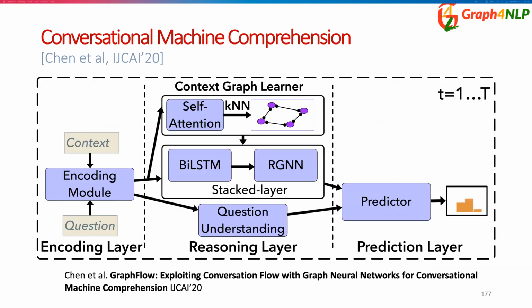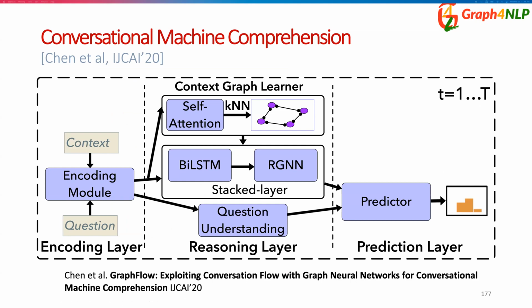So this is the architecture of the proposed framework. It consists of an encoding layer, a reasoning layer, and a prediction layer. I'm not going to go into a lot of detail for each of the layers, so let me focus on the reasoning layer, which is the most interesting part.